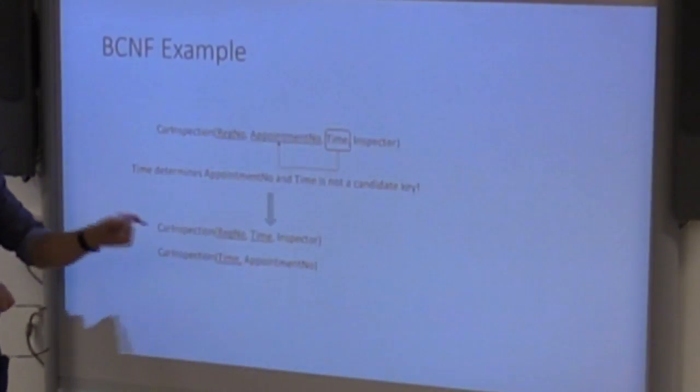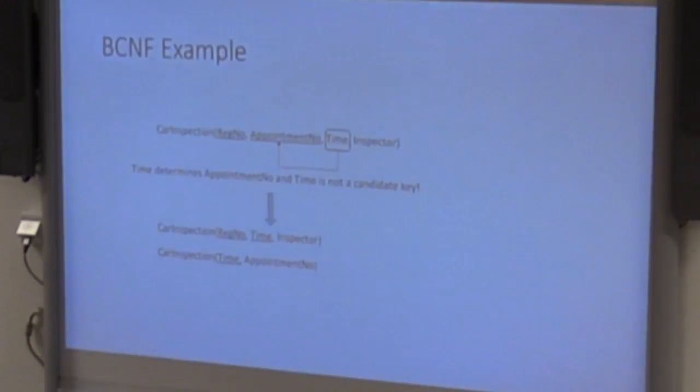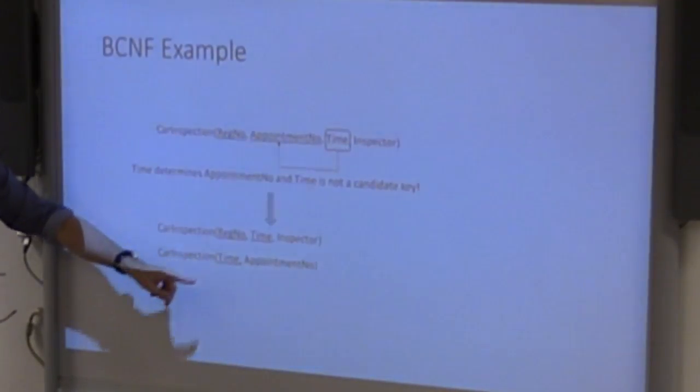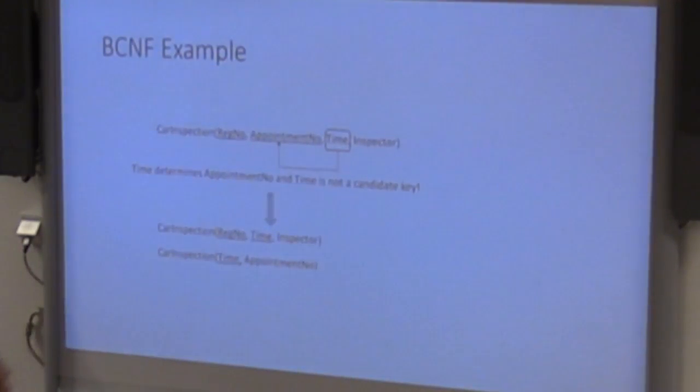So if you somehow manage to get 2 appointments at the same time, this one will not work because the primary key will enforce that you cannot add a duplicate of that time instance of that row. All right?